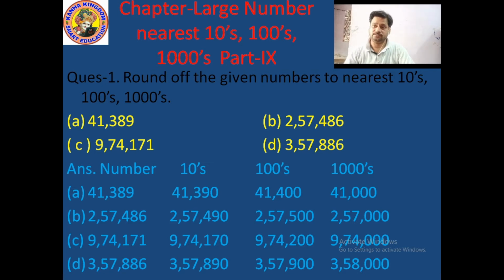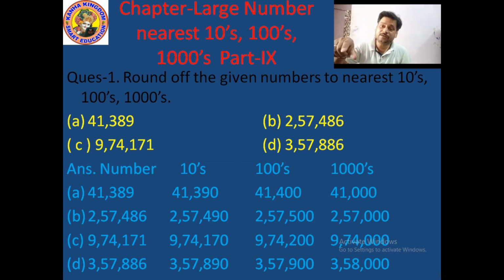Now, nearest 1000. When we convert this number into the nearest 1000, which two digits do you have to check? Yes, 100 place and 1000 place. Again here also two rules.